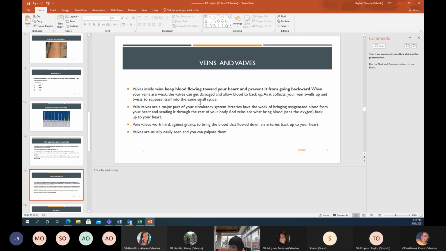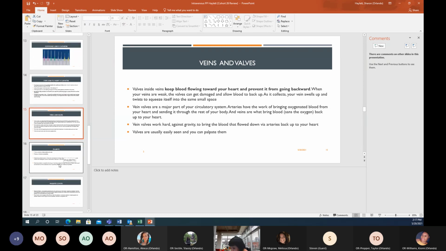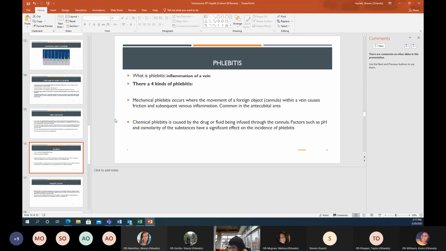So vein valves are a major part of your circulatory system. You know that. Vein valves work hard against gravity to bring the blood back up. They're usually easily seen, and you can palpate them. That is important. So you want to make sure it's palpable.